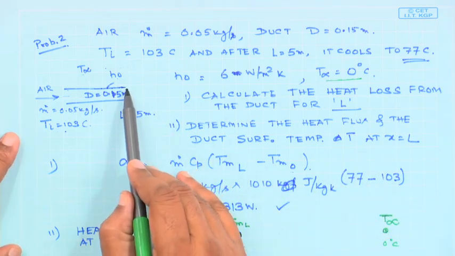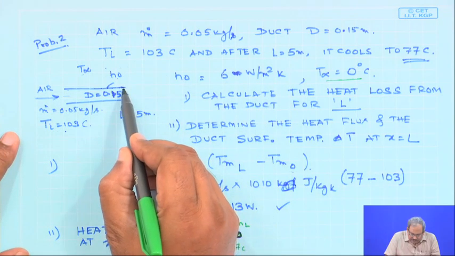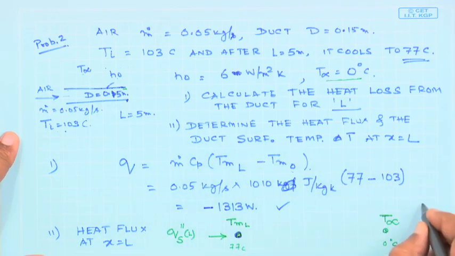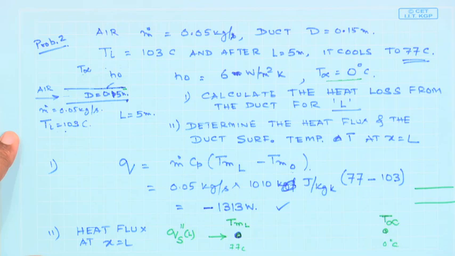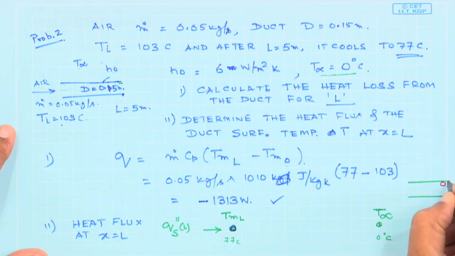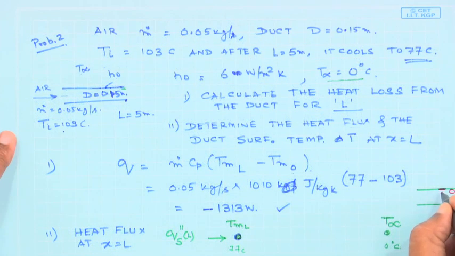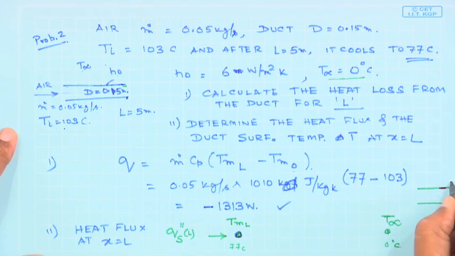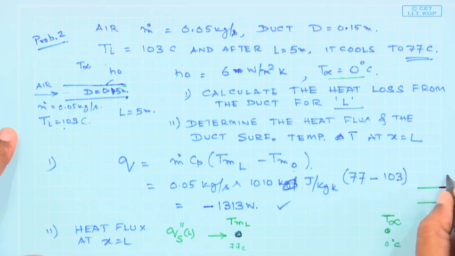The 3 resistances are: one is the resistance at the inner surface of the tube. This is the tube. The second resistance is in the tube itself, which we are neglecting since the tube diameter is very small, and the other resistance is from the outside of the tube to the outside atmosphere.